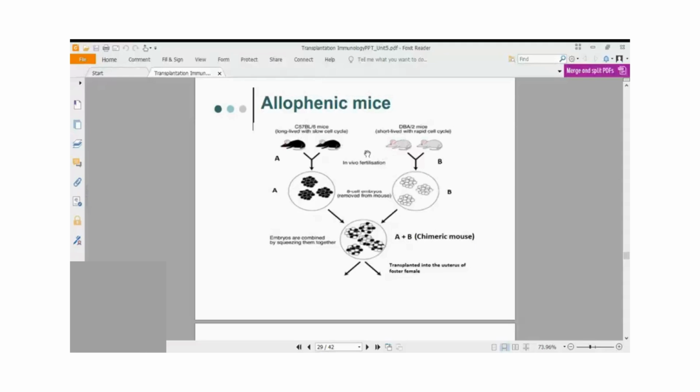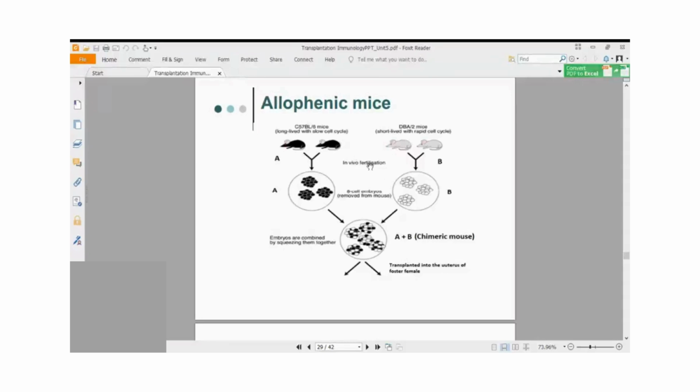Now what you would have done in a genetic cross, you would have taken this mouse and crossed it with this mouse. So it is biparental. That is, one mouse would have been male, another female, and you would have got a hybrid. Why? Because both of these are of two different genetic constitutions. One has black pigment, another white. You would have got an AB hybrid.